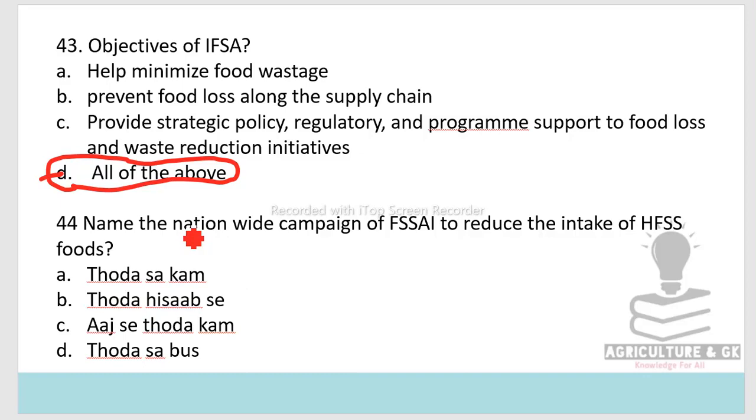These are high in fat, salt and sugar. So what was the campaign which was run by FSSAI to reduce the intake of high in fat, salt and sugar food? थोड़ा सा कम, थोड़ा हिसाब से, आज से थोड़ा कम और थोड़ा सा बस. So what was the name of this campaign? It was आज से थोड़ा कम. So our answer will be option C.